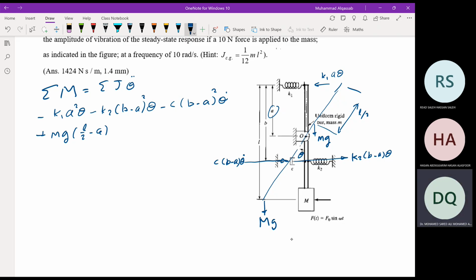The force is vertical, so we need sine theta. So this will be L/2 minus A times theta, because sine theta is theta. So we take theta very much smaller than 1. Sine theta is theta, and cosine theta is 1.